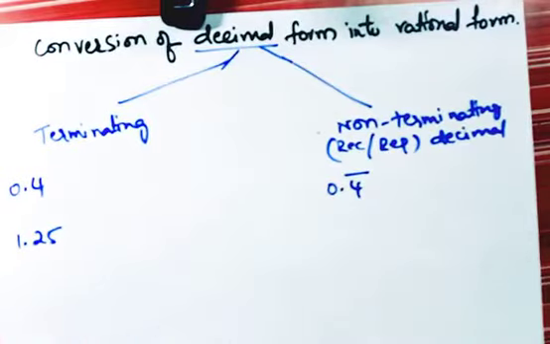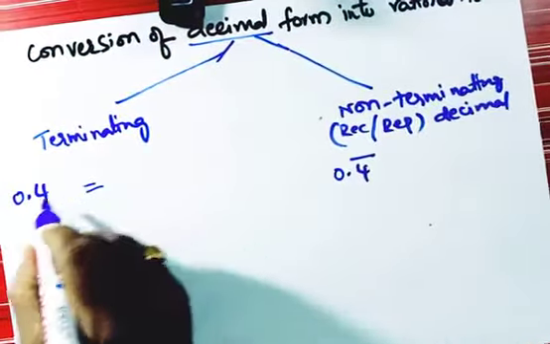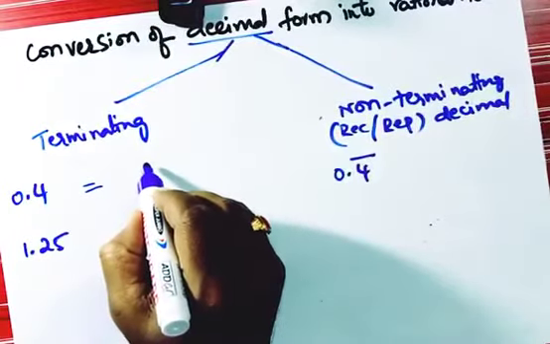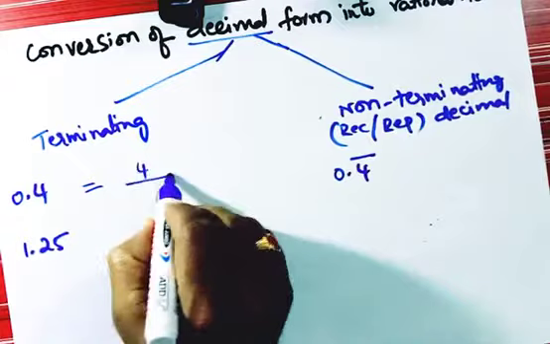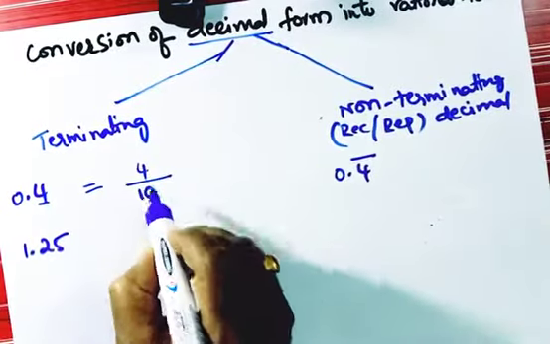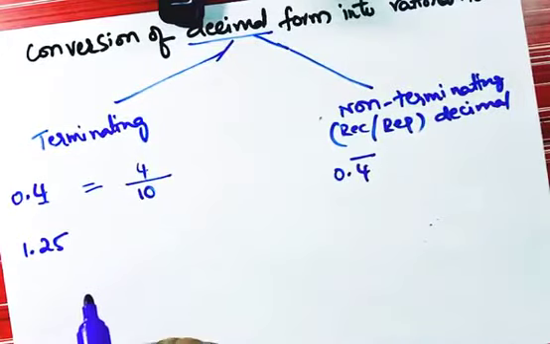For example, if I take 0.4, write down all the digits. Here we have only 4, so write 4 by 10, because after the decimal point there is only one digit. So this is the rational form of the decimal number 0.4.